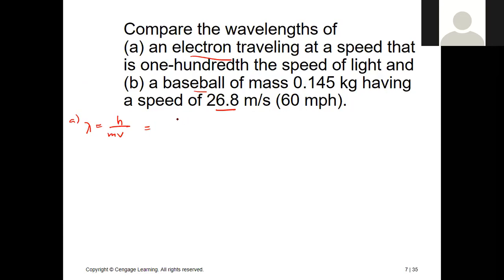If you solve this, you use 6.626 times 10 to the negative 34 joule-seconds, and then you get the mass. It says here an electron traveling at a speed that is a fraction of the speed of light. So we have to know the mass, that's equivalent to 9.1131 kilogram. And then the speed is 3.00 times 10 to the 6 meters per second, not to the 8. And you end up with this value.